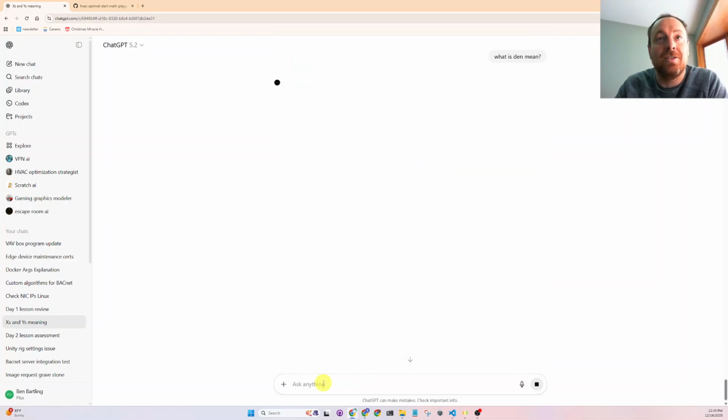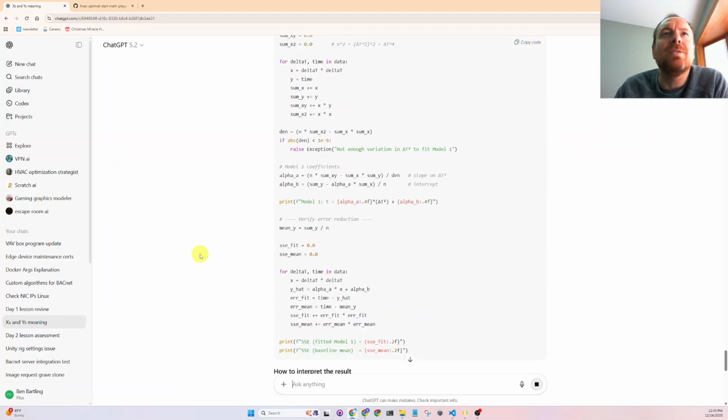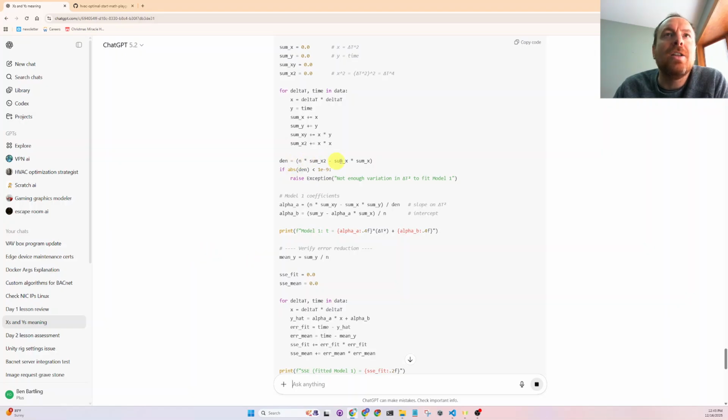This is the denominator thing that we were asking about in the Java code, like what the denominator is. Same thing I was asking at the beginning of this. So they're just saying there's not enough variation in the delta squared to fit model 1. Okay.